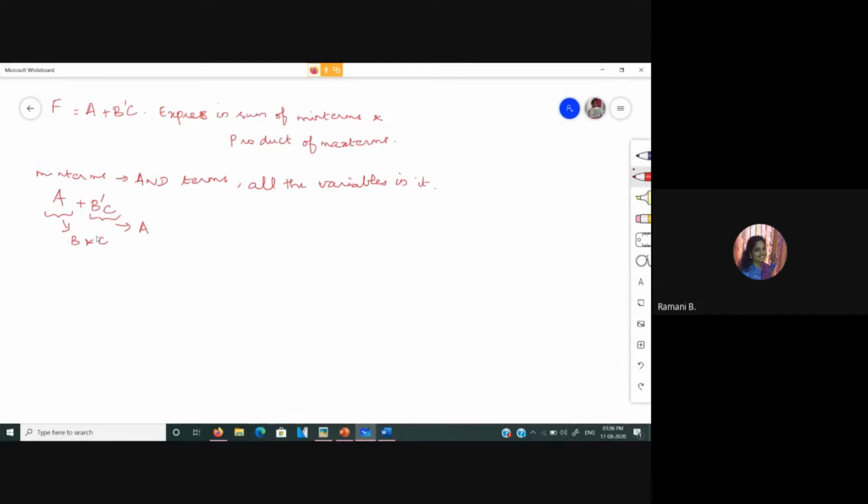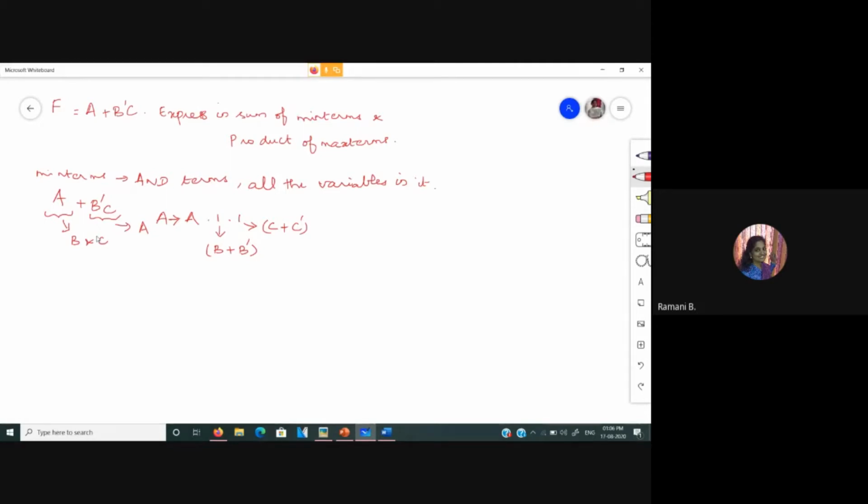For that purpose, first we take this as a into 1 into 1. That is, we need to express this with respect to b. So we can express this with the complement postulate. We can give this as b plus b bar, and this can be represented as c plus c bar. So this first term a is expressed in this manner.